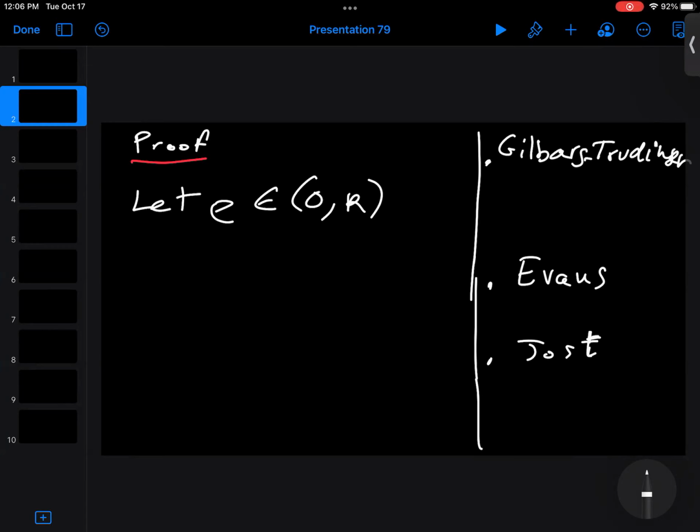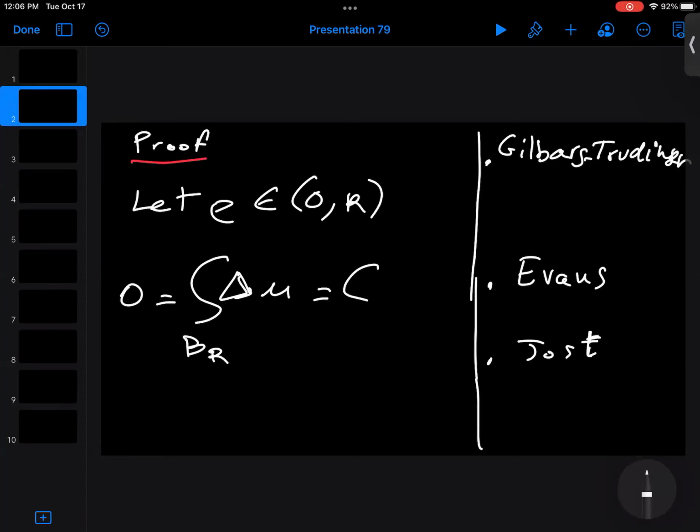I start to write that 0 equals, I know that the Laplacian of u is 0, and if I take the integral all across the ball of radius r, it's still 0. And here I apply the divergence theorem.